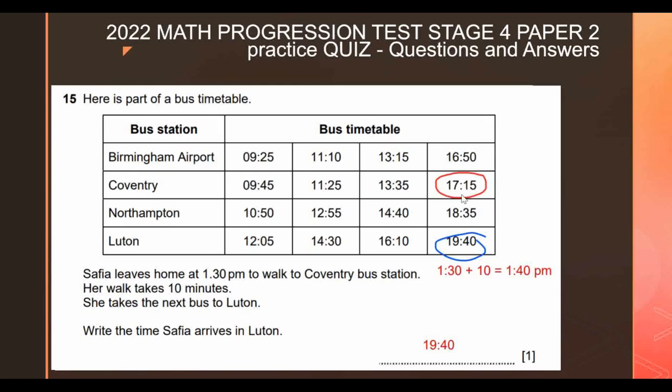From Coventry it goes to Northampton and then Luton. 19:40. So Savia arrives in Luton at 19:40.